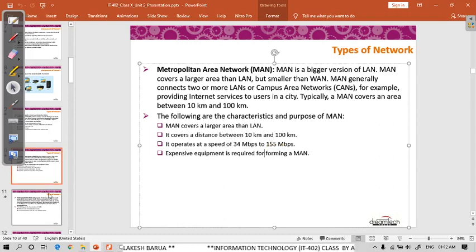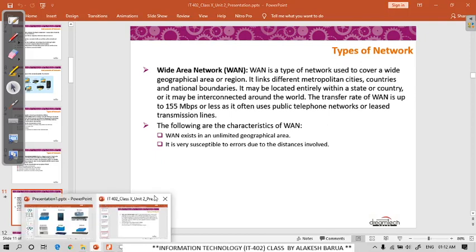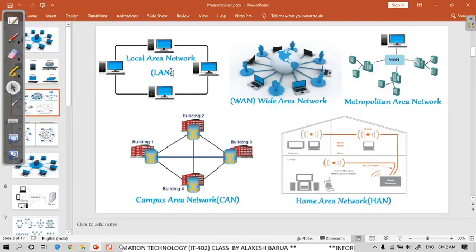Got it? So then comes the wide area network. I have something to show you. This is how it works, you can just remember this. Local area networks are networks that connect computers together.